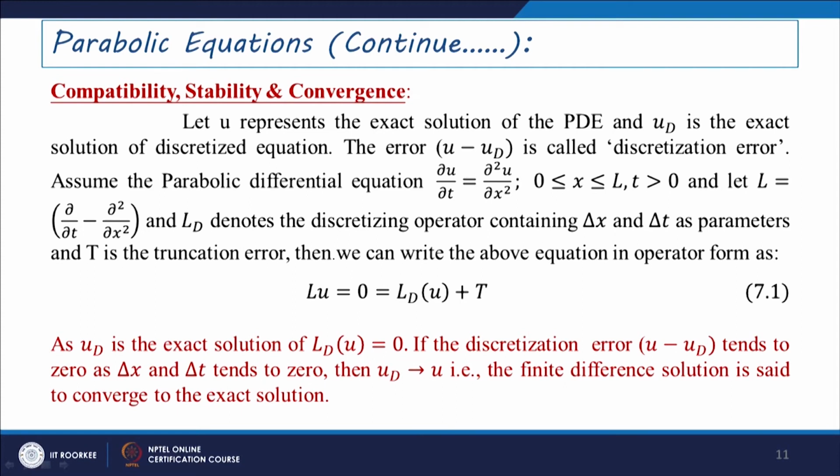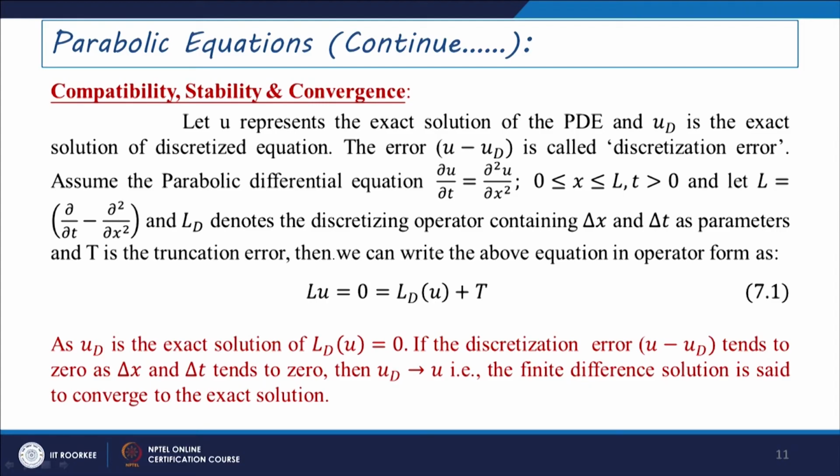Assume this parabolic differential equation, in the form del u by del t equals del square u by del x square, where x lies between 0 and L, t greater than 0, and let L be the operator defined as del by del t minus del square by del x square. Suppose LD denotes the discretizing operator containing del x and del t as the parameters, and T is the truncation error here.